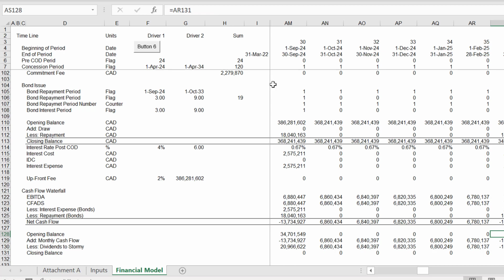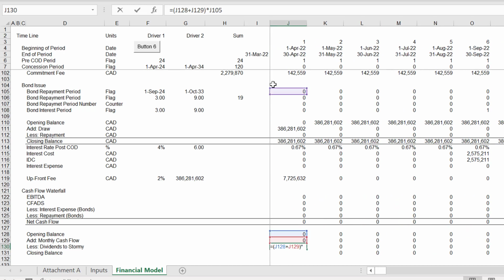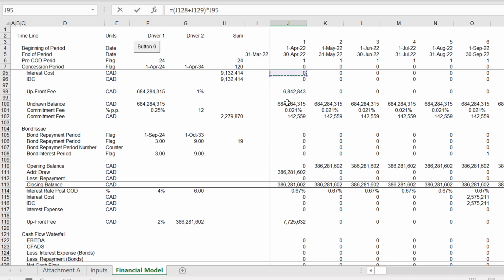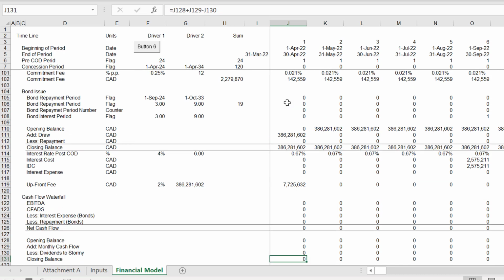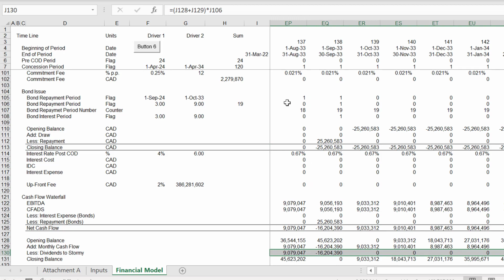Our opening balance equals our closing balance, and why is our closing balance equal... I put the wrong flag in. We only pay in these periods. I did it too fast again. You only pay in these periods. Okay.